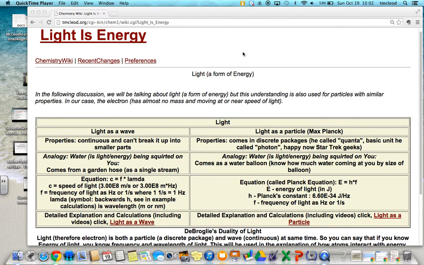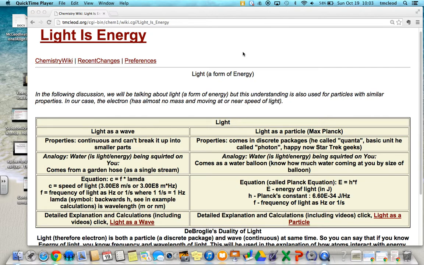And specifically, atoms only absorb a specific amount of energy, and that amount of energy is exactly equal to the energy that the electron needs to obtain so it can jump up to a higher energy level, making the atom in the excited state, and instantly jumping back down, releasing all that energy to get it back into the ground state. But it's a specific amount of energy.